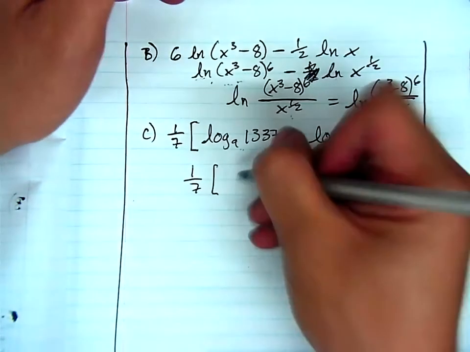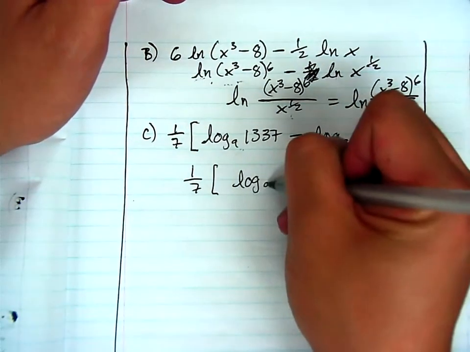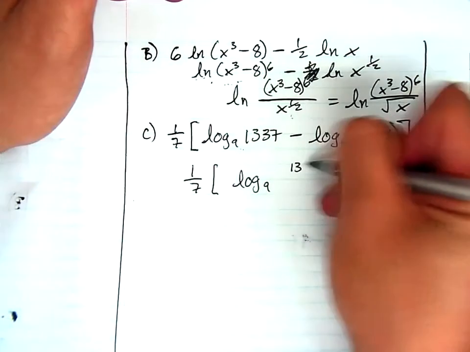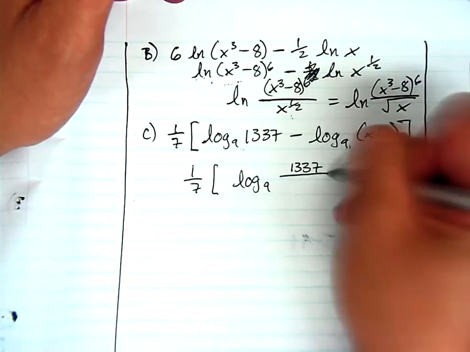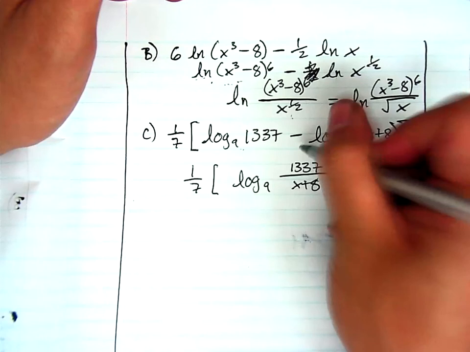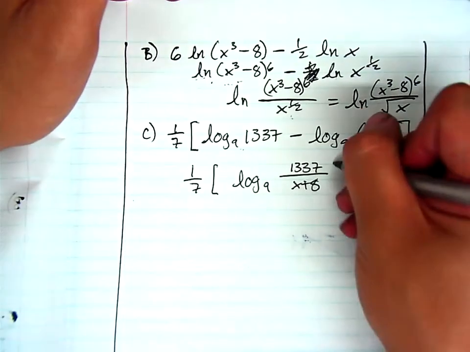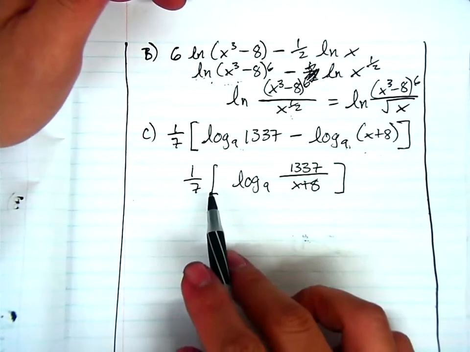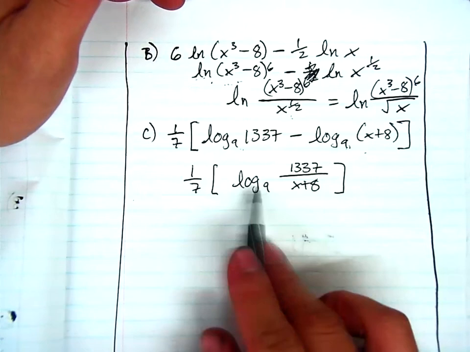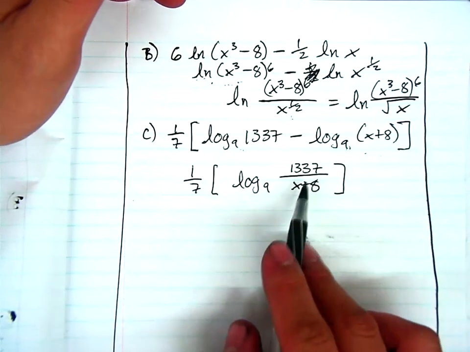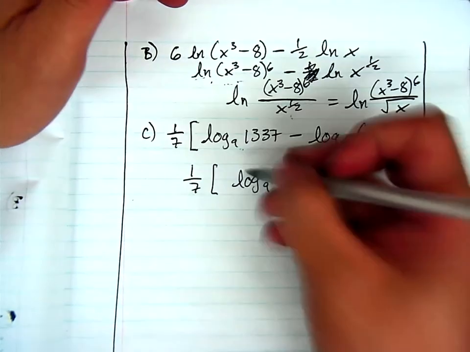On the inside, I have log base 9 of 1,337 divided by x plus 8, again because quotient and subtraction. At this point, 1/7 is actually the coefficient for this entire function, which means this is my power.